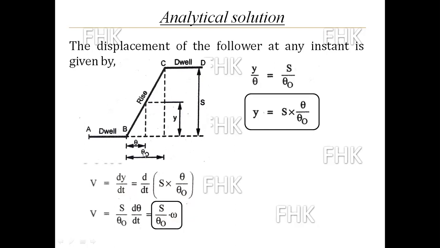At a particular y location, the rotation of the cam will be theta. At the y1 location, theta will be theta 1; at the y2 location, theta will be theta 2. In this way, we have to find theta 1 and theta 2 at the y1 and y2 locations respectively, and so on.